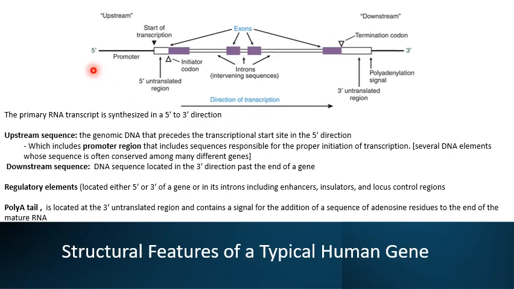Alright, so the primary RNA transcription goes usually from the 5-end in the direction of the 3-end. So we have in the 5-end what we call an upstream segment, which is the genomic DNA that precedes the transcription start site in the 5-end direction, which includes what we call a promoter region that includes sequence responsible for the proper initiation of transcription.